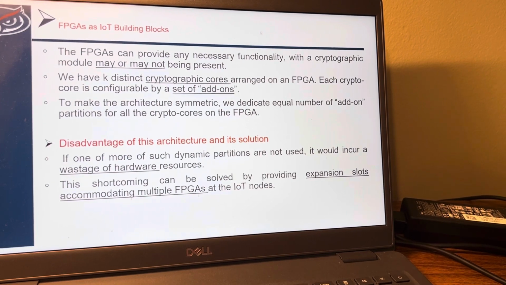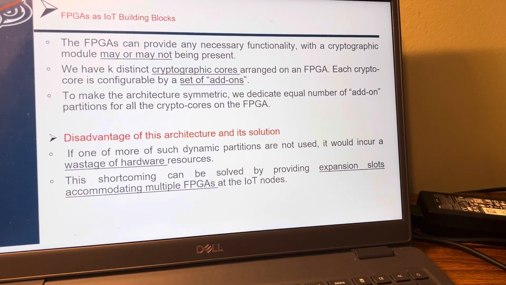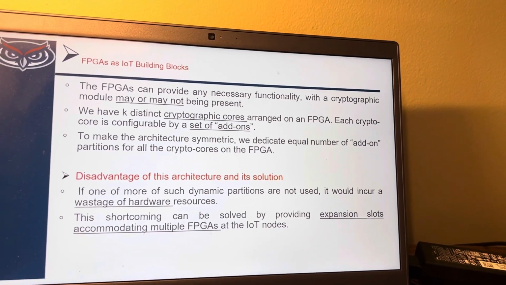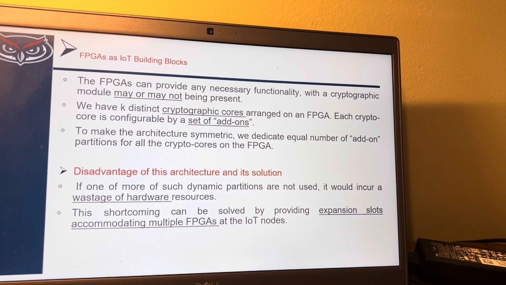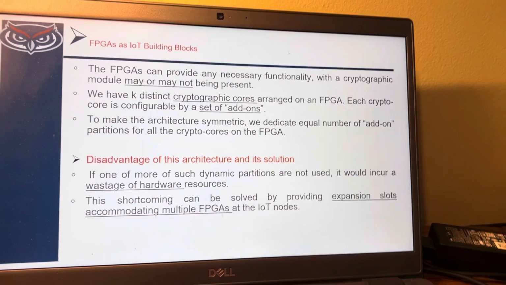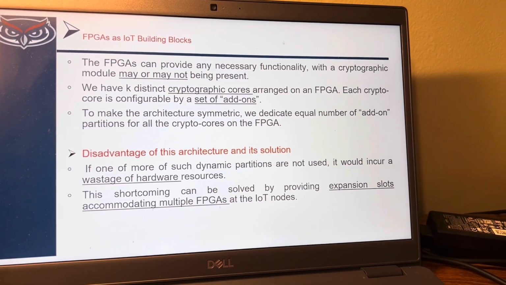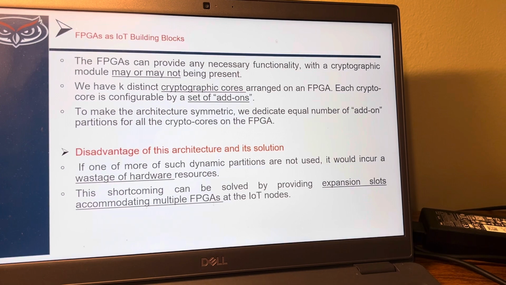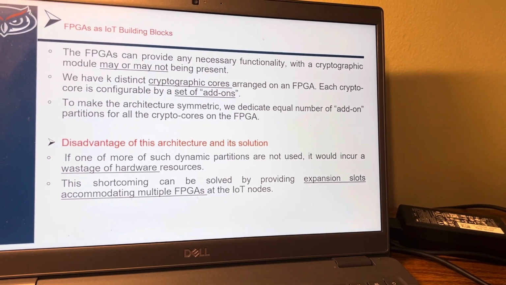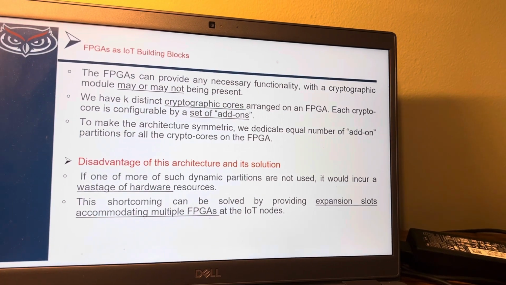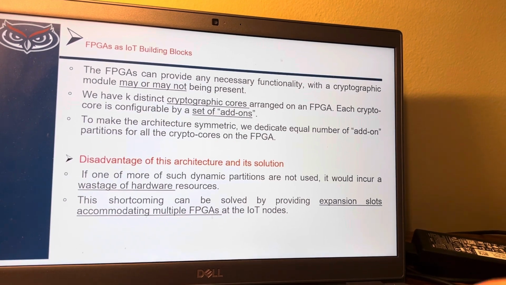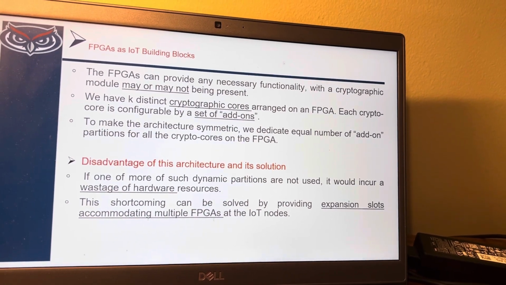It means that we will have extra hardware with extra room, without any application. This shortcoming can be solved by providing expansion slots accommodating multiple FPGAs at the IoT nodes. It means that we can expand the number of our cryptographic cores on our FPGA.